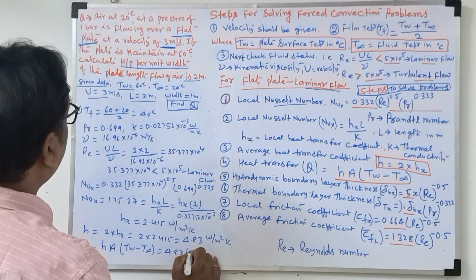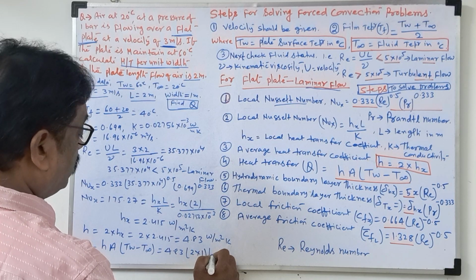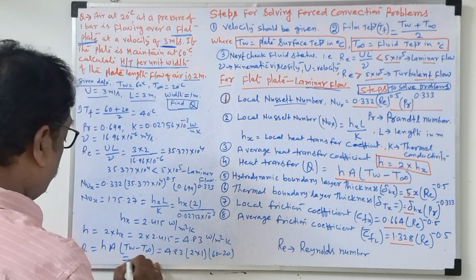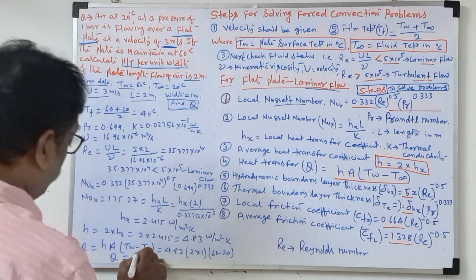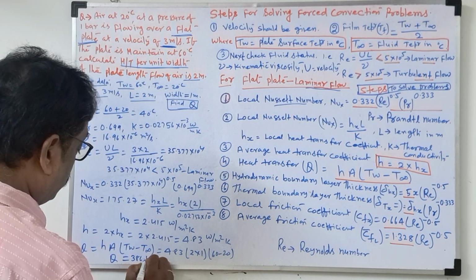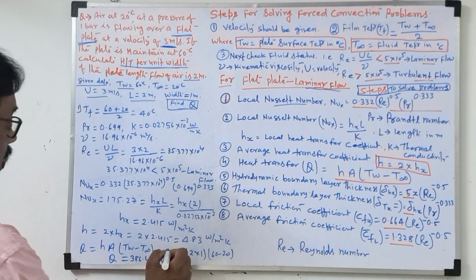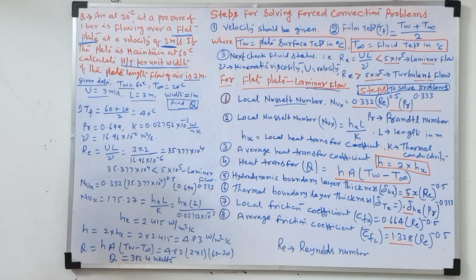The length will be 2 meter, the width is given as unit width 1, and 60 minus 20. So Q will come as 386.4 watts. This way we can calculate the heat transfer per unit width.